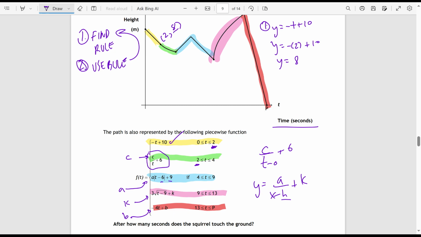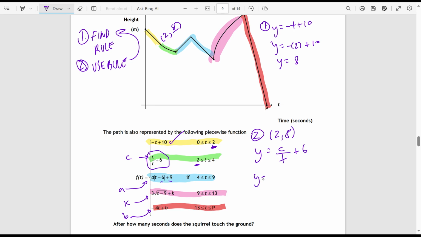So because there's no H value, it looks really, really weird. But anyway, my second step is I'm going to use that 2 and 8, and plug that into this rule. So C over T plus 6, I'm going to plug in 8 is equal to C over 2 plus 6. And that's it.